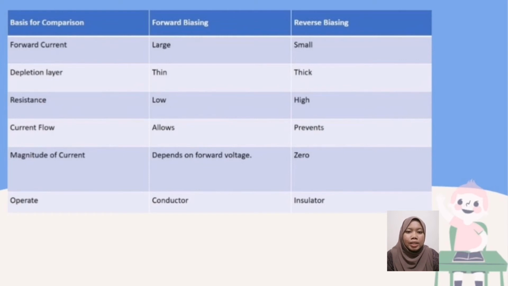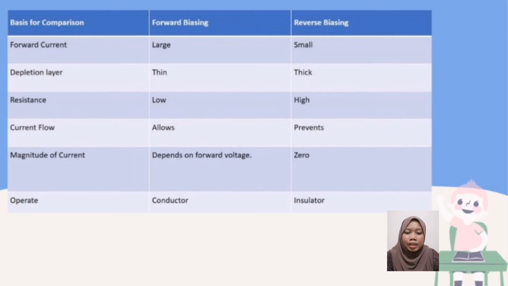The forward bias decreases the resistance of the diode, whereas the reverse bias increases the resistance of the diode. In forward biasing, the current easily flows through the circuit, whereas reverse bias does not allow the current to flow through it.